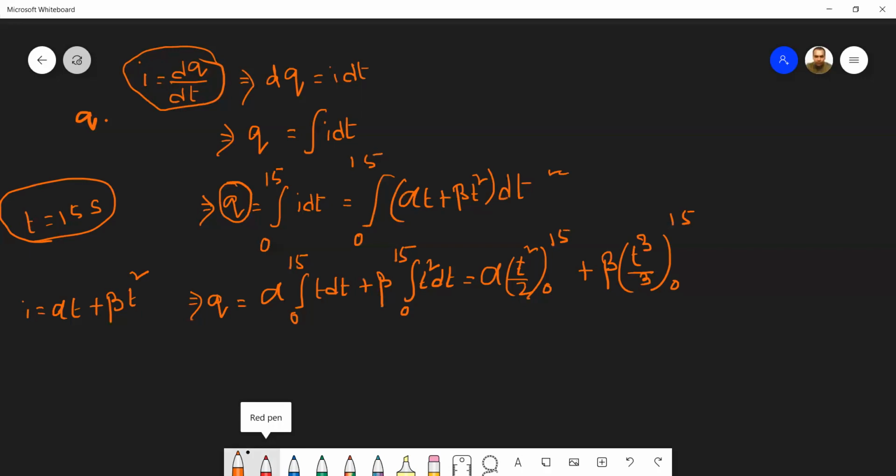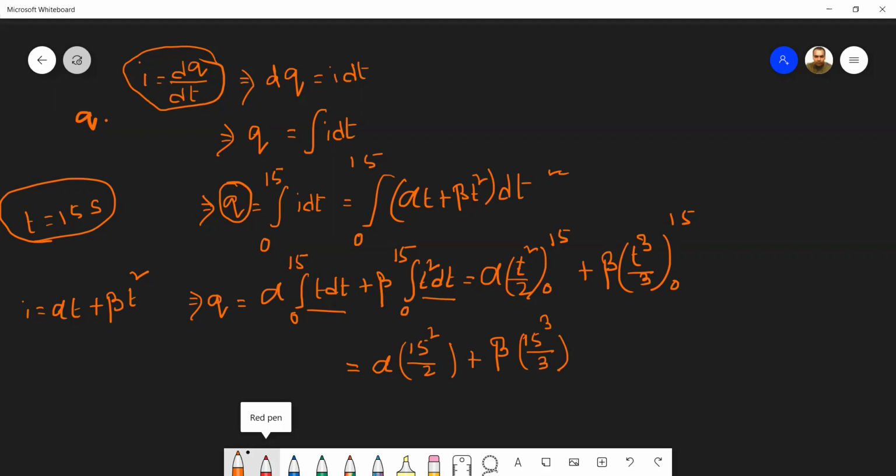We have just broken up the integration, so let us do the further simplification. Alpha times 15 square by 2 plus beta times 15 cube divided by 3.